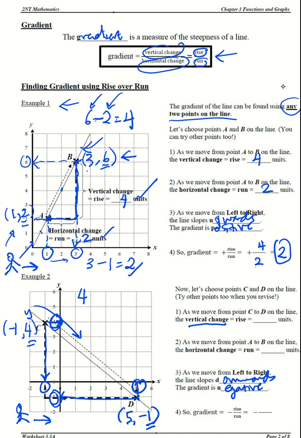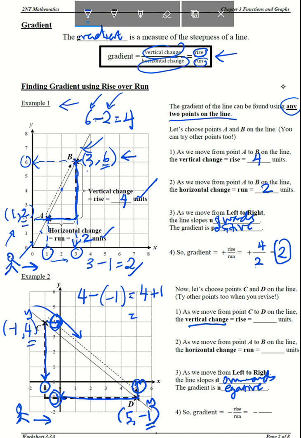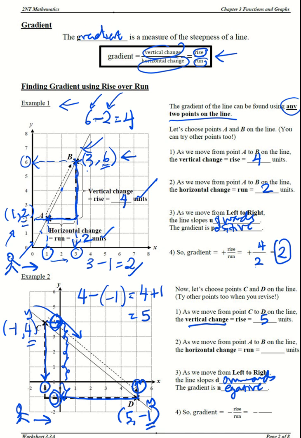Y value minus the y value. Take the bigger number 4. Okay, here. Minus the negative 1. Okay, guys. 4 minus times minus is plus. So 4 plus 1 is 5. So the units is 5 units, the rise. Okay. I can also count boxes lah. So I count 1, 2, 3, 4, 5.